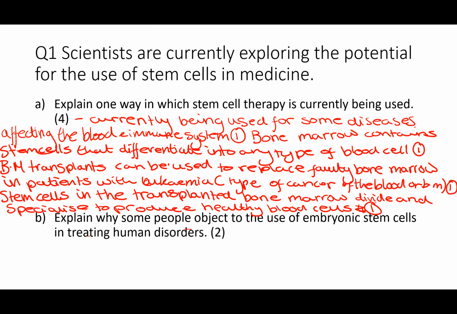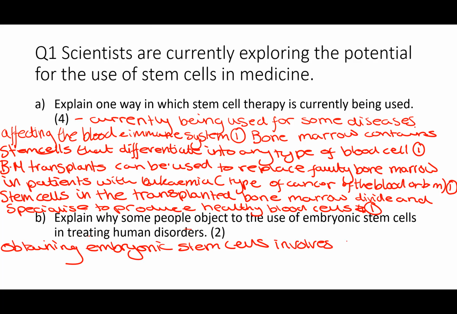So the second part of this question: explain why some people object to the use of embryonic stem cells in treating human disorders. You start off with this by saying how we get the embryonic stem cells. So obtaining embryonic stem cells involves the destruction of an embryo.